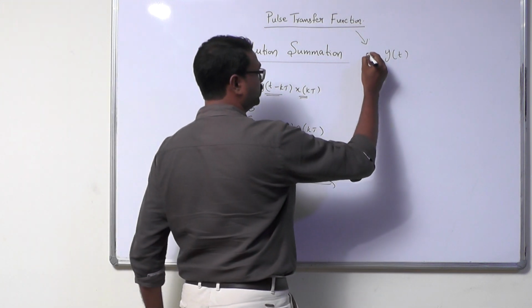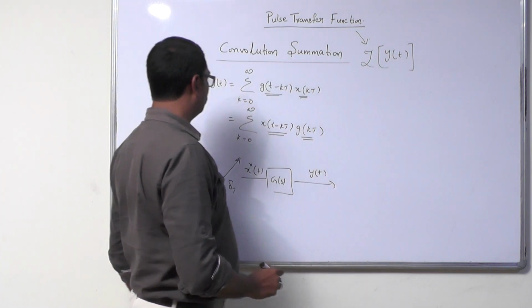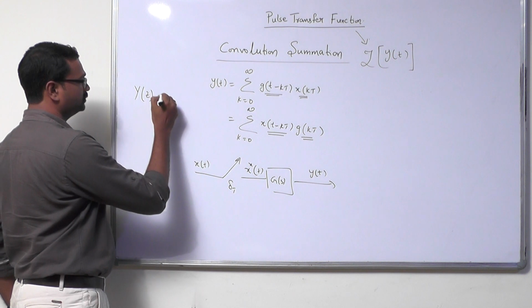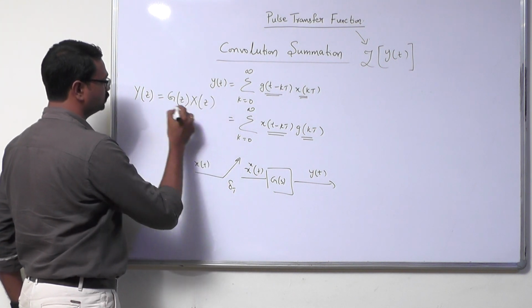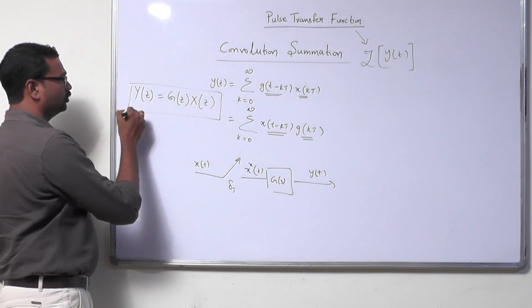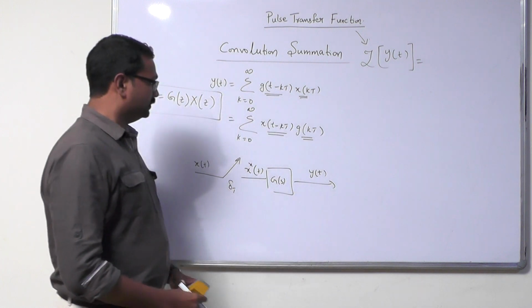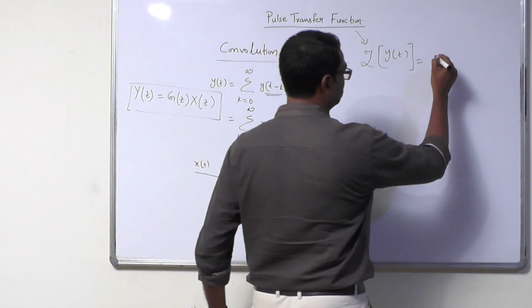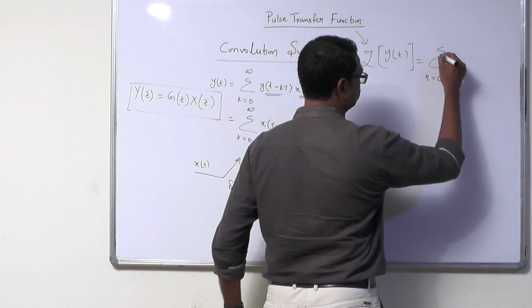So I need to obtain the z transform of y of t. The proof for us here, what we require is y of z is equal to g of z into x of z. This is what we are trying to prove in our current discussion, where z of y of t is nothing but sigma n is equal to 0 to infinity.